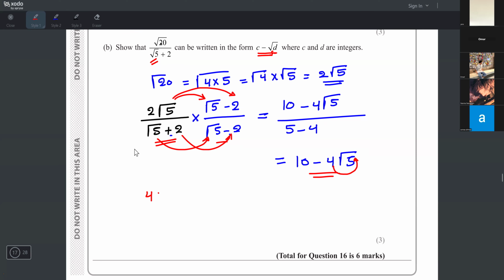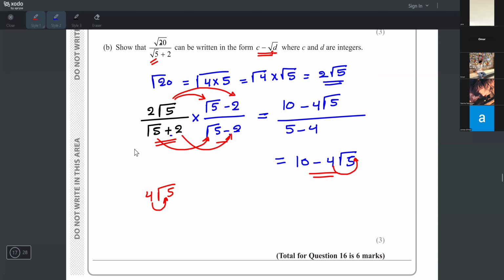4 root 5. Okay, how do I write this 4 inside the square root? What is the square root of 16? It equals 4. So, to write any number inside the square root, square the number first.